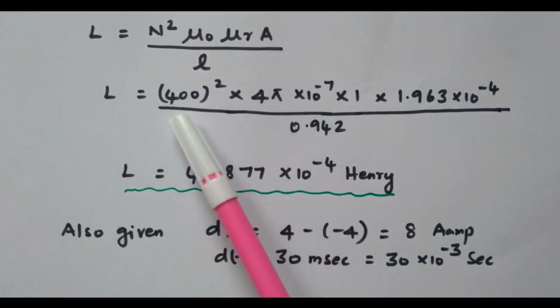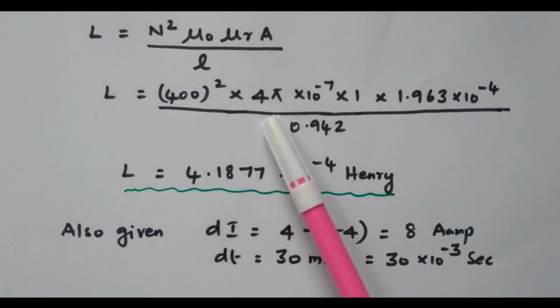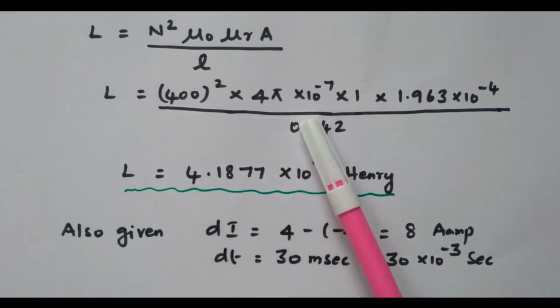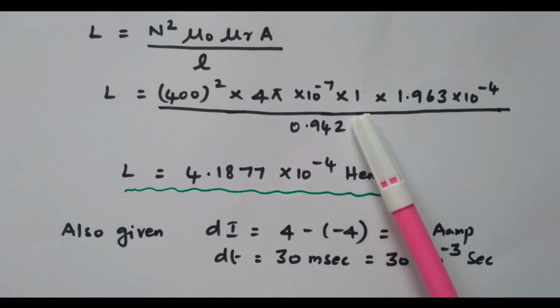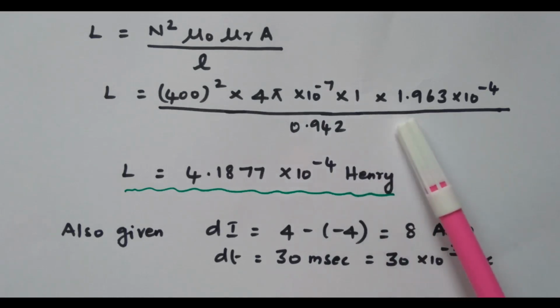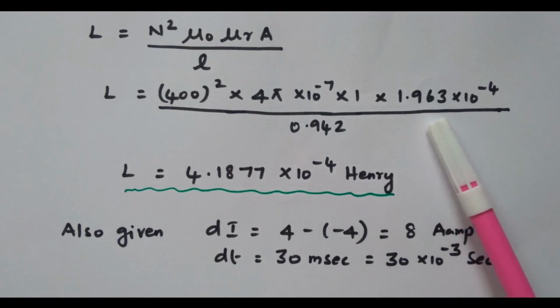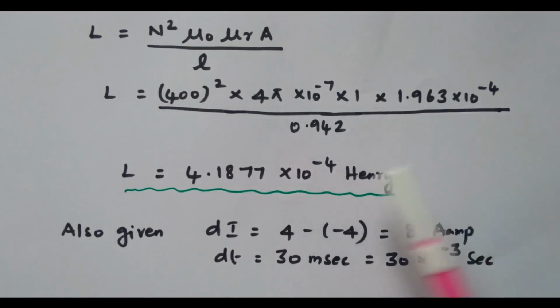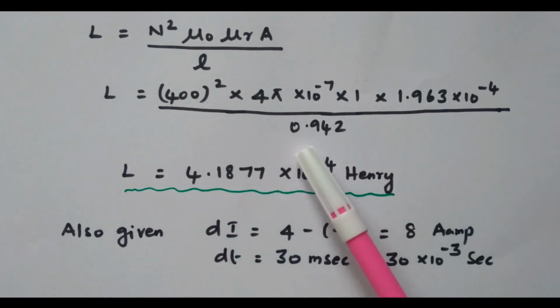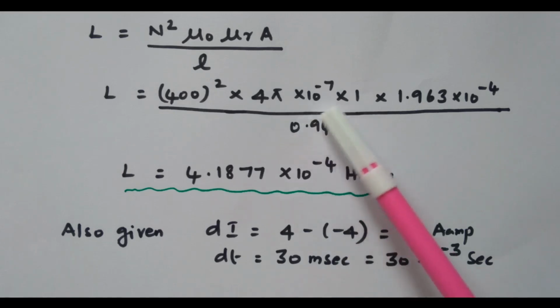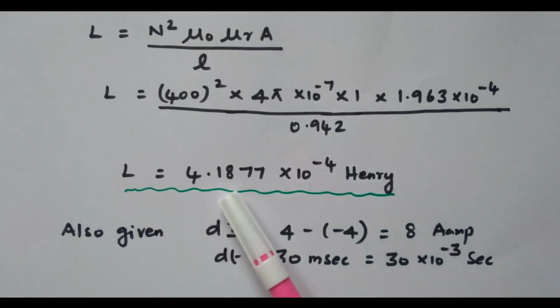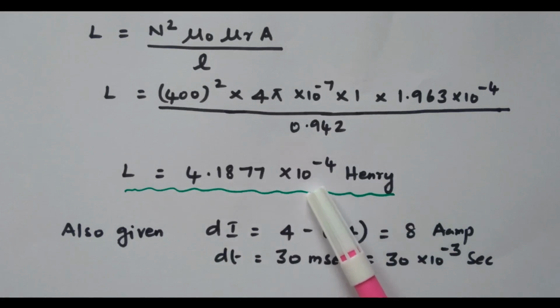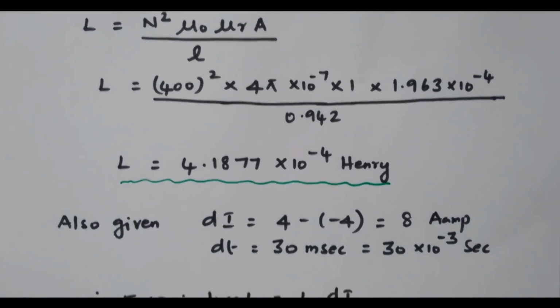N is 400, the number of turns, so 400 square, mu naught is 4 pi into 10 to the power minus 7, into 1, since mu r is 1 for air. The area calculated is 1.963 into 10 to the power minus 4 and the length is 0.942. By simplifying this we got 4.1877 into 10 to the power minus 4 Henry. So now the inductance is calculated. Our aim is to find the EMF induced.